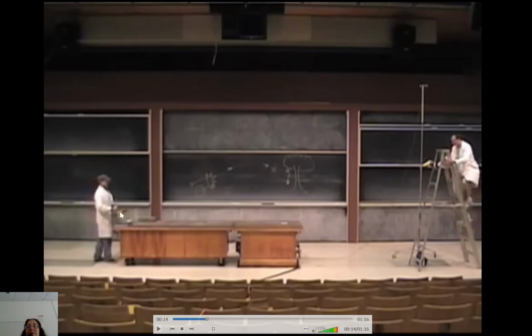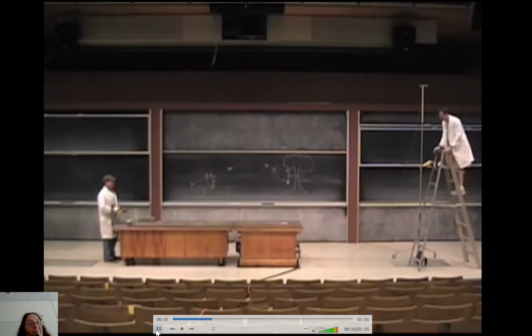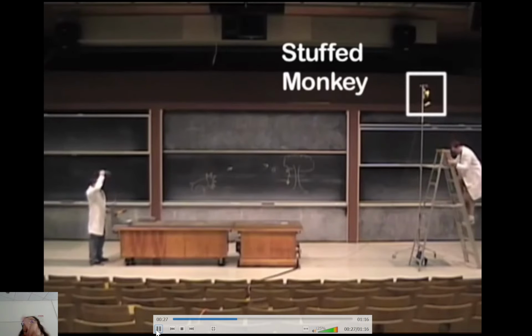So what's happening here? It's a gun, a golf gun, right? And here you have an electromagnet. So as soon as the gun is fired, the electromagnet is turned off, and the monkey is going to fall. So the monkey and the golf ball are both falling at the same rate, right? So let's see. It's a stuffed monkey, okay?